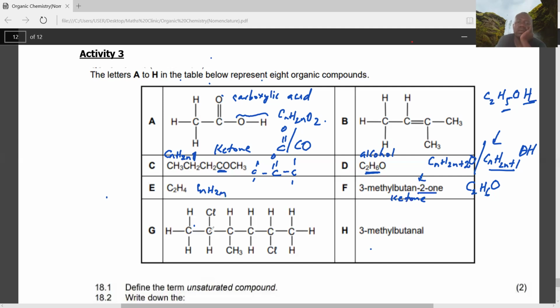Then this one, with chlorine, is a haloalkane. Then 3-methylbutanal is an aldehyde. And what's the general formula of an aldehyde? CnH2nO. So by analyzing this, you can answer the questions on your own.